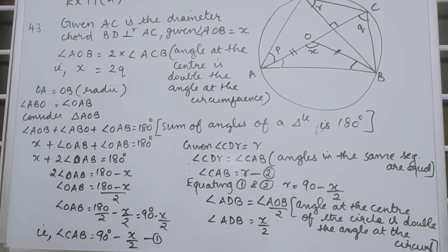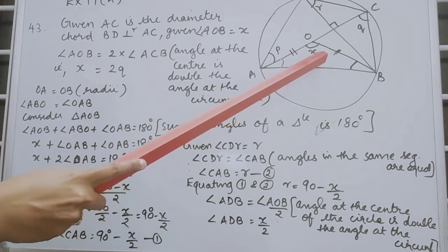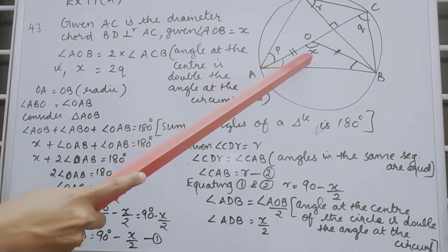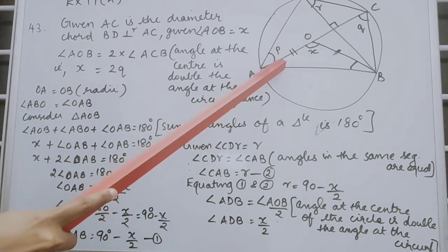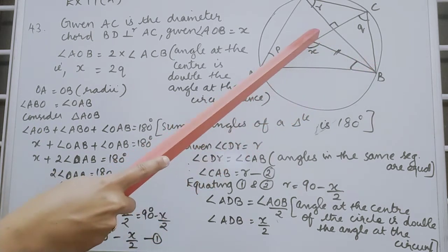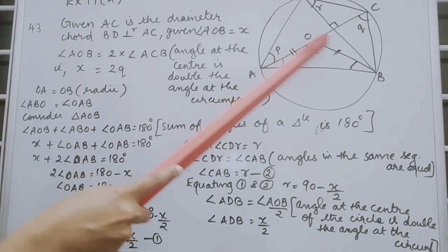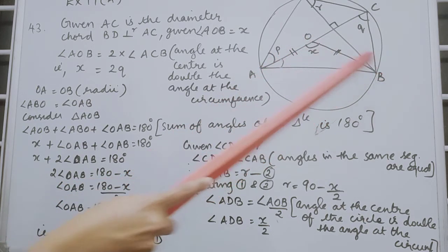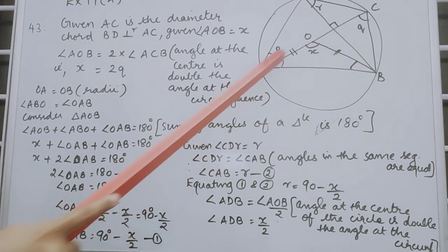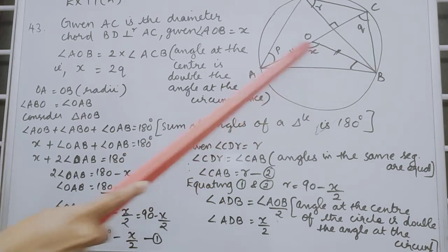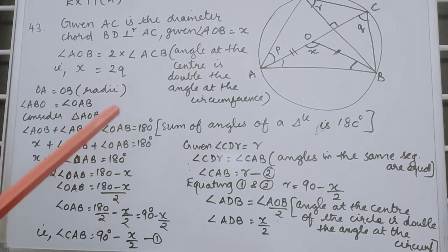Then consider triangle AOB. The sum of angles of a triangle is equal to 180 degrees. So angle AOB plus angle ABO plus angle OAB is equal to 180 degrees.